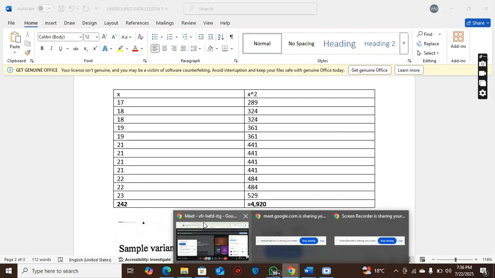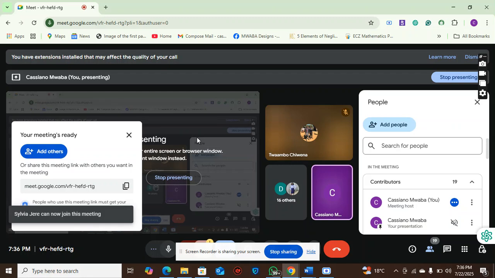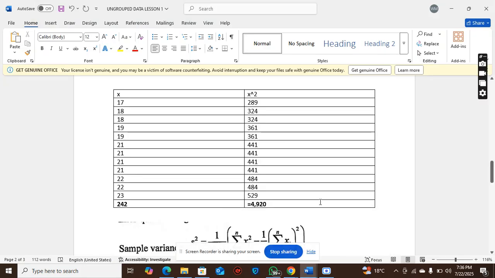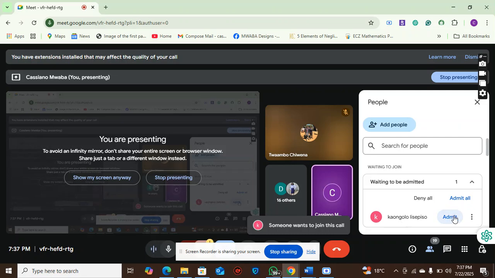You can just do a thumbs up. 4920. So it's 4920. I'll add up also when I've got free time. So we'll go with the 4920 unless the number is otherwise.